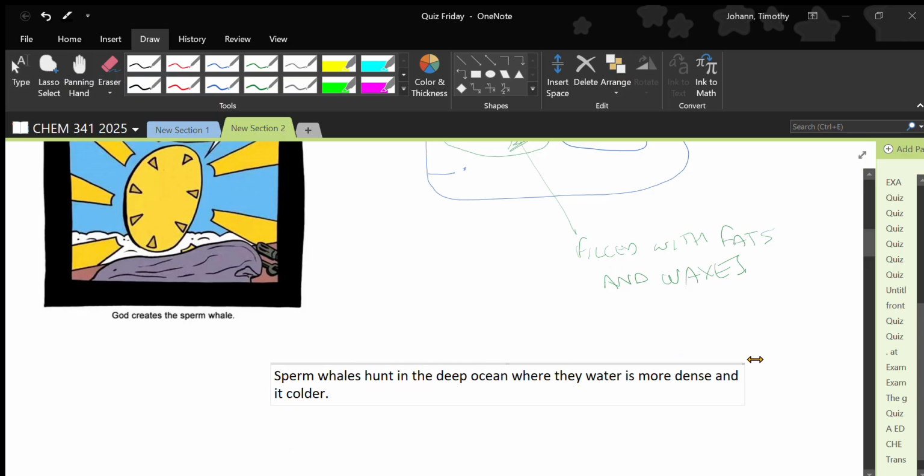What happens with these whales is as they go down and the water gets colder, these fats and lipids up in the head actually crystallize and contract, and they make the whale more dense to match the density of the water around them.